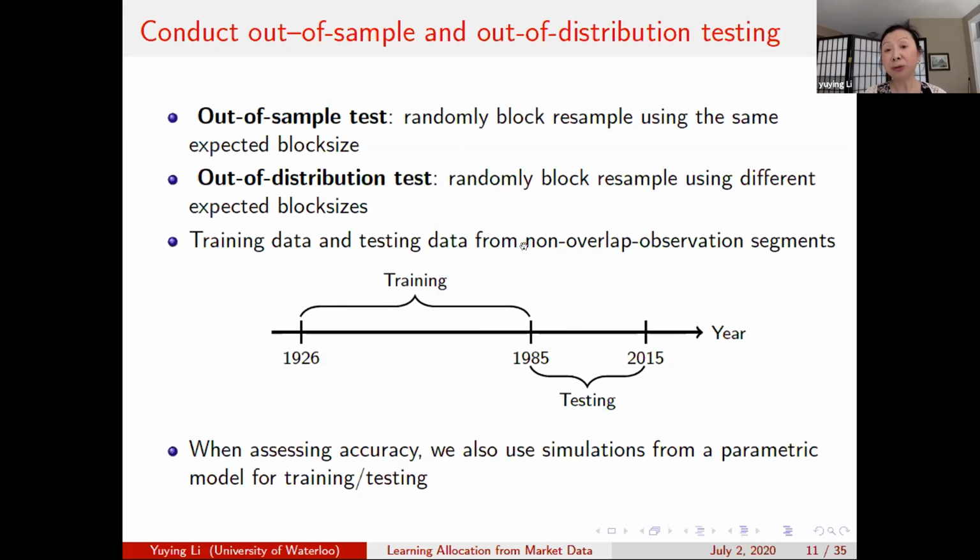So one can go further and split the historical market observations into non-overlapping segments, generating training data from one segment and testing block samples from a different segment. In that case it's really different, and I think it's hard to criticize. So we actually perform all those different kinds of tests.